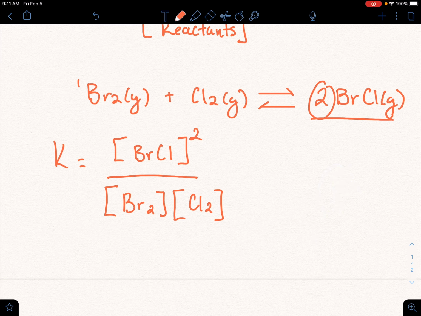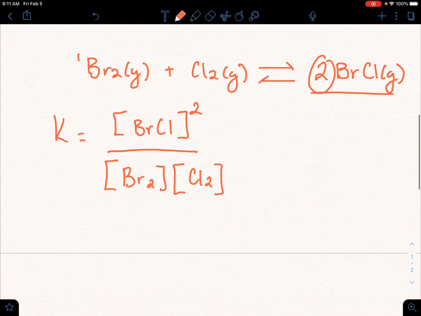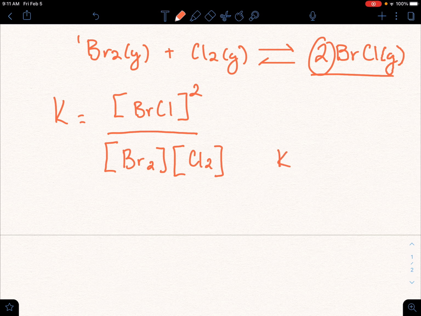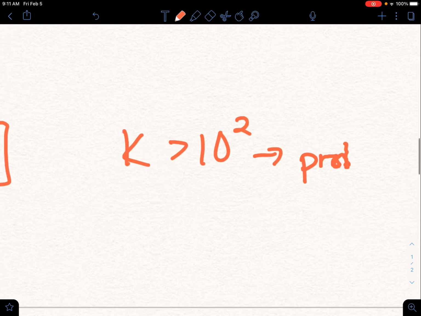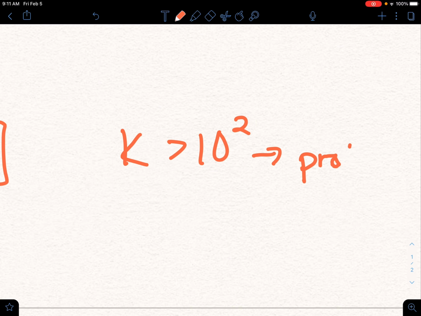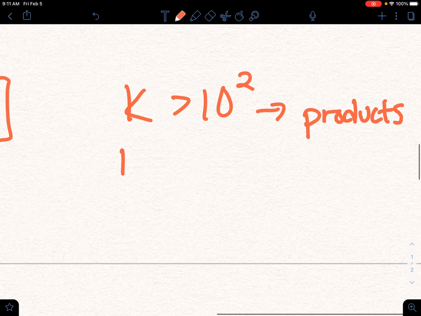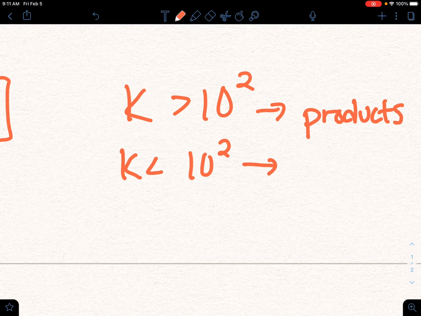So K is an indication of the extent of the forward reaction. If you have something like K greater than 10 to the second power, that means the reaction favors forming products. I should zoom in. If K is less than 10 to the second, that means it likes to form the reactants better.